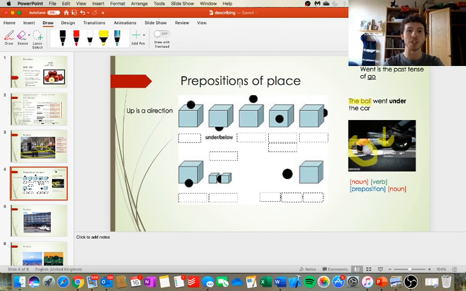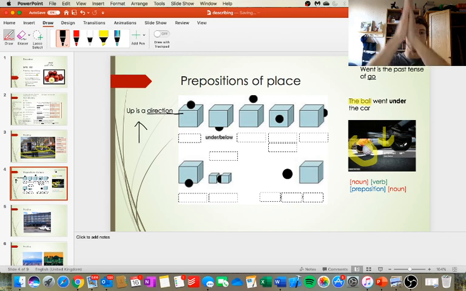But prepositions are staying in one place. So this is up. It's a direction because it has movement. It's an arrow.